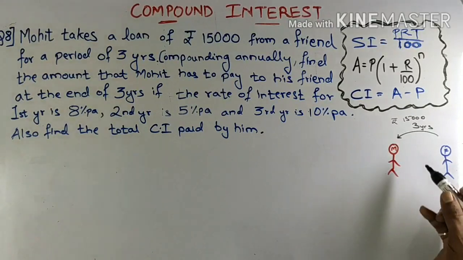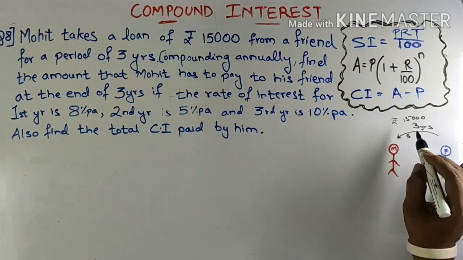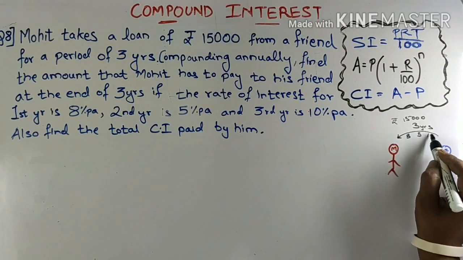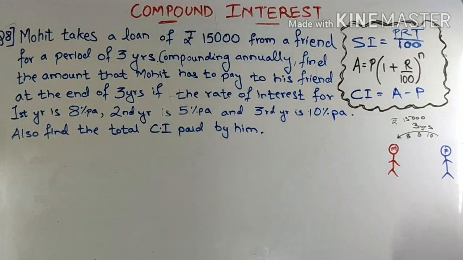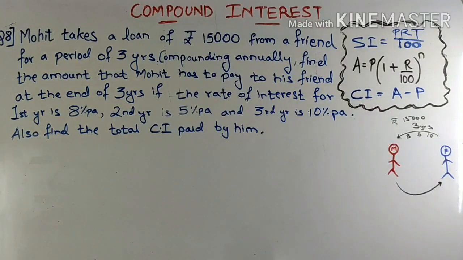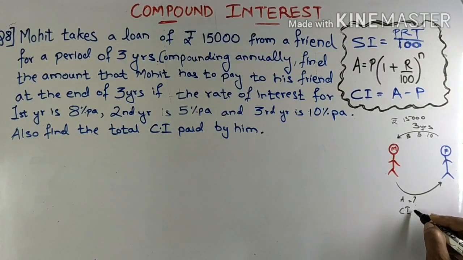For the first year it is 8%, for the second year it is 5%, and for the third year it is 10%. So what will be the total amount he will pay to his friend at the end of the third year? And we are supposed to find the compound interest, only the compound interest paid by him to his friend.